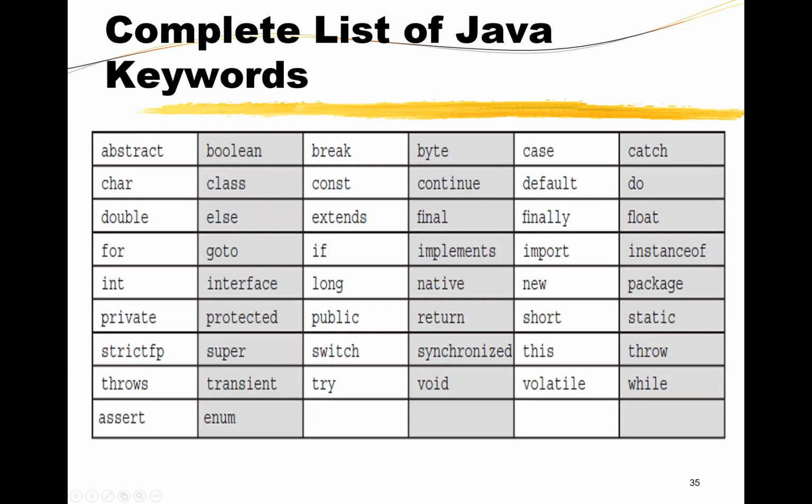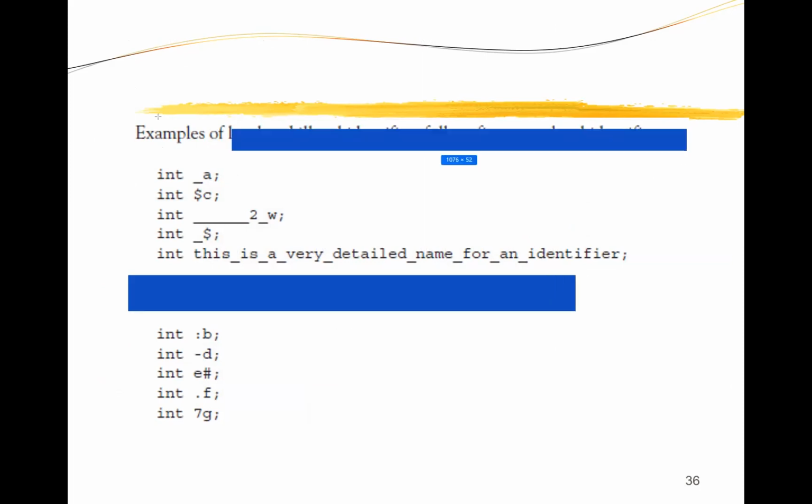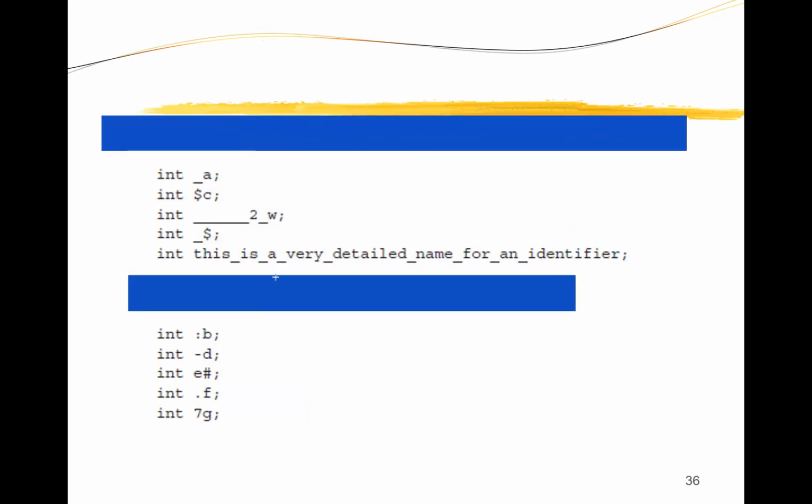Now, let me ask you some questions. Quickly go through these variable declarations and send me via chat whether the first one is right. You can put the numbers 1, 2, 3, 4, and tell me whether each is correct or not.